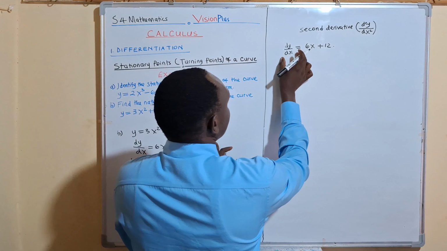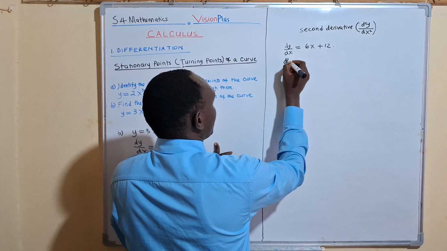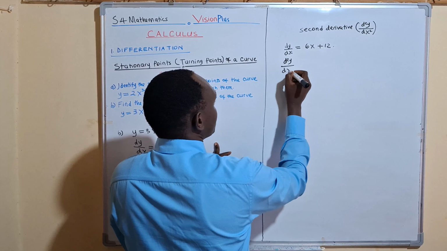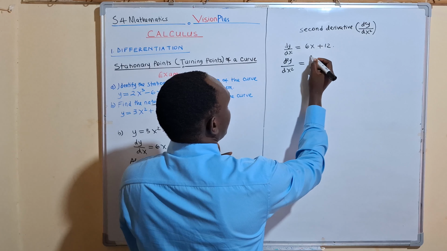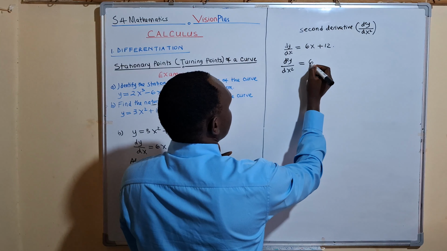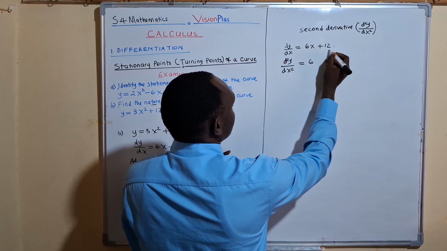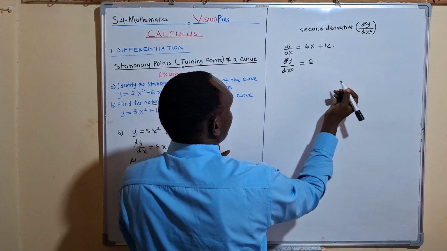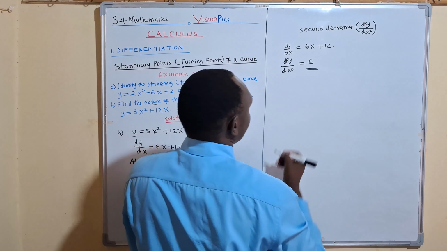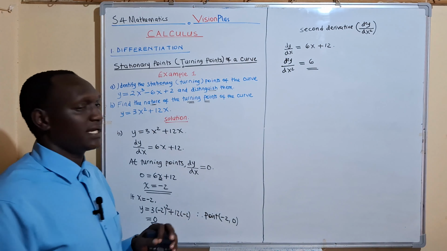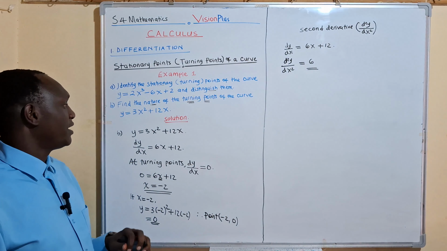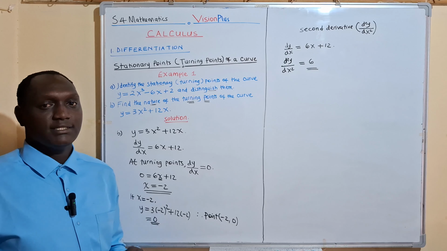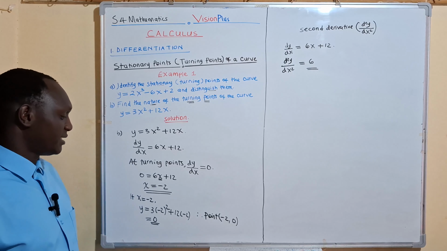So on differentiating this again, we shall have d squared y over dx squared equals, if we differentiate 6x, it gives us 6. And if we differentiate 12, it gives us 0. So the second derivative is 6.